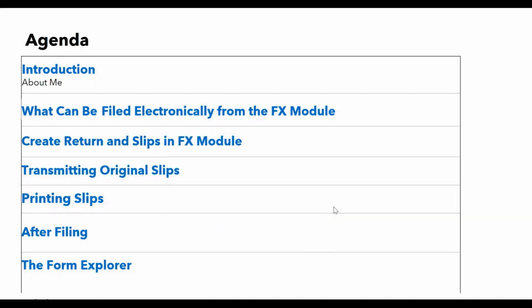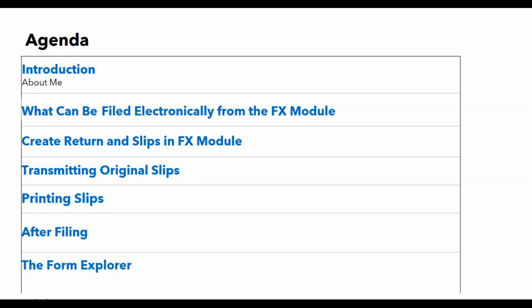Okay, so let's go ahead and get started and take a look at what we're going to cover in this session. First of all, we'll make sure that you're on the most recent version of ProFile. This is very important to check if you're not in ProFile all the time. Then we'll get into the FX module.